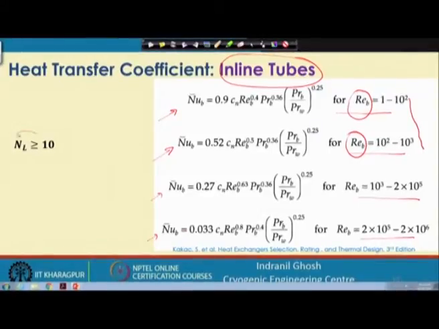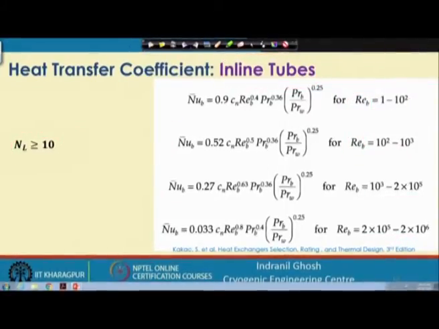Here also, this correlation is valid only when the number of rows is at least 10 or more. So, we have to apply a correction when the number of tube rows is less than 10. We will come to that part later.